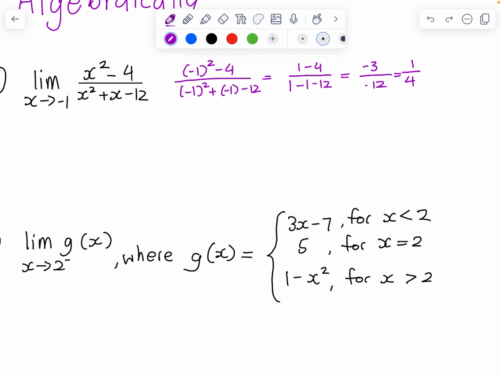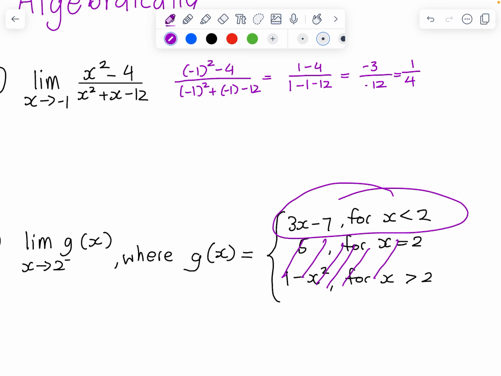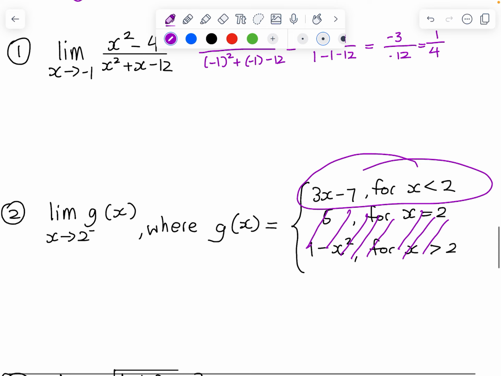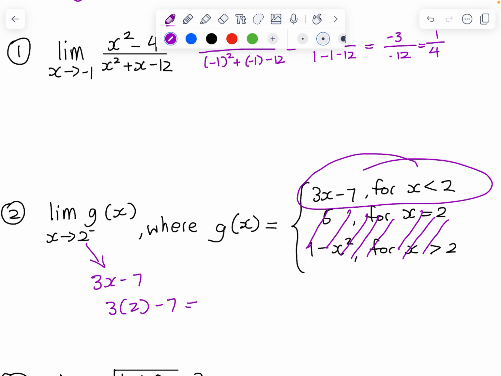We should choose x is less than 2 because it approaches from the left, so it has to be less than 2. So we only focus on the first equation, and we don't need to care about the rest. So 3x minus 7. I want to substitute 2 into x, so I get 3 times 2 minus 7 equals 6 minus 7, which is -1.